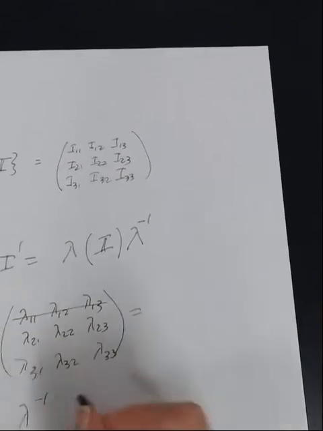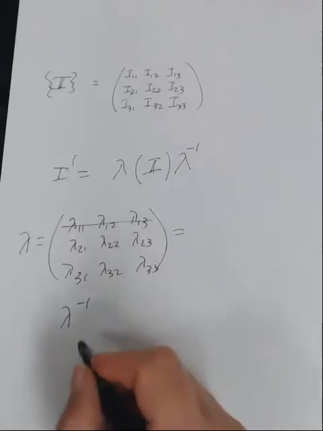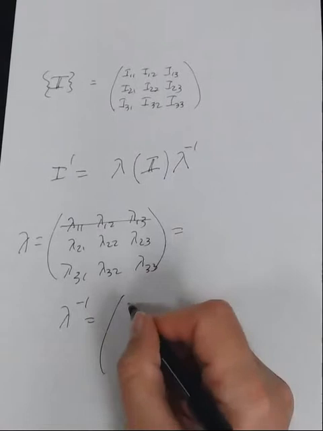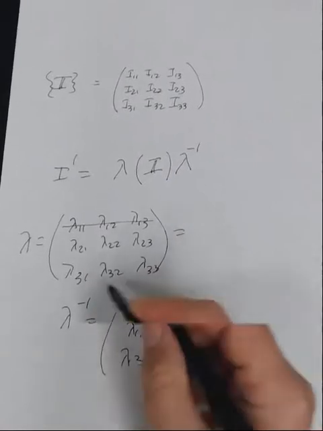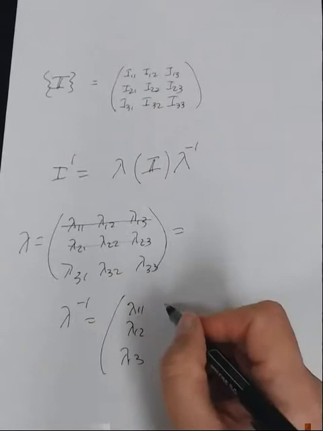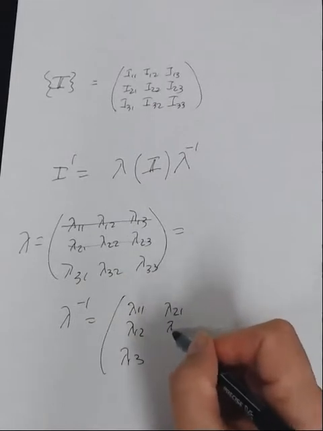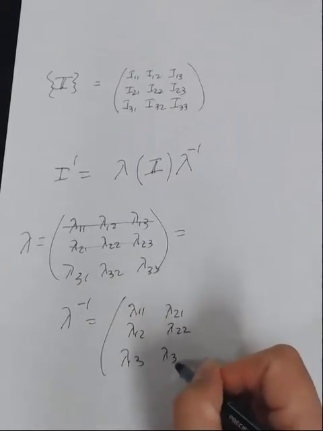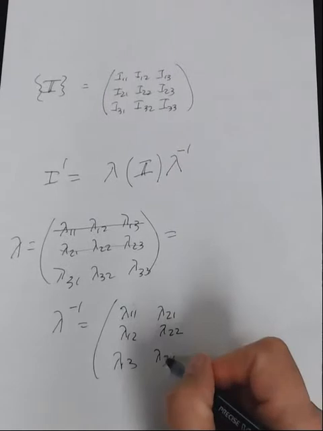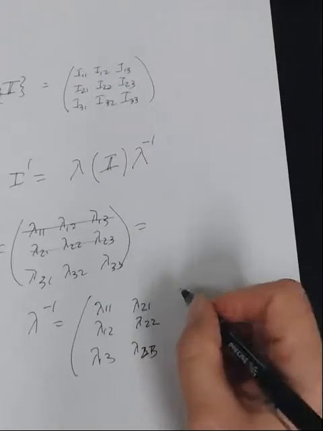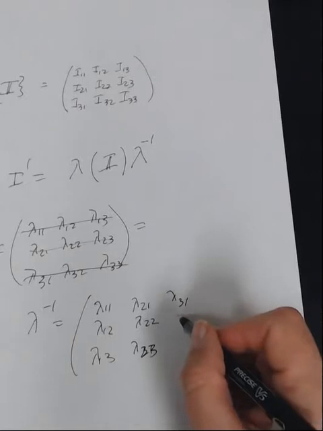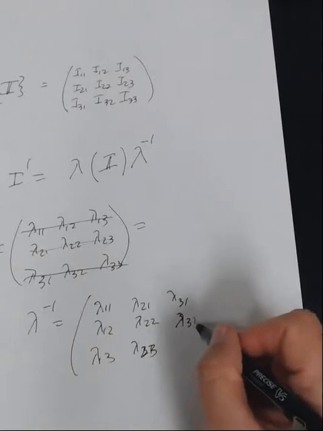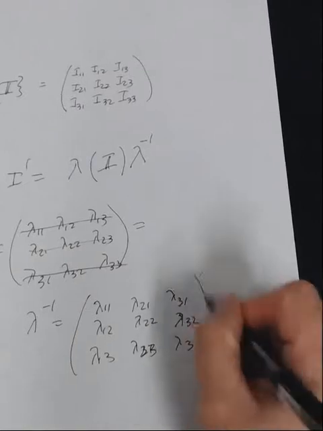So lambda inverse would be lambda 1 1, lambda 1 2, lambda 1 3. The next column, 2 1, 2 2, 2 3, I'm sorry. And then lambda 3 1. That row becomes this column. Lambda 3 2, lambda 3 3.